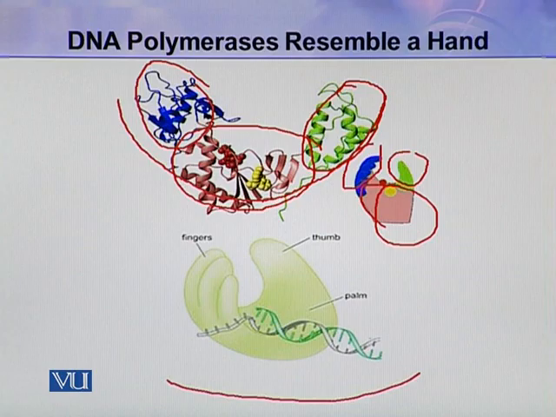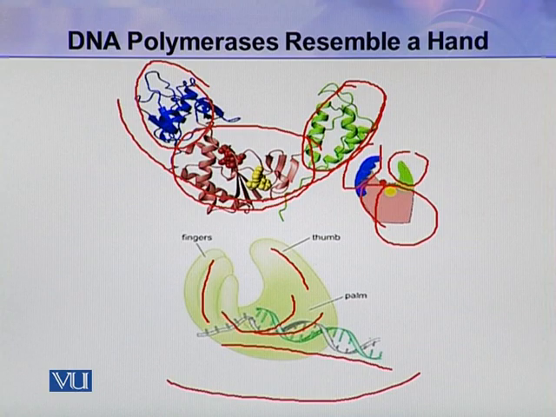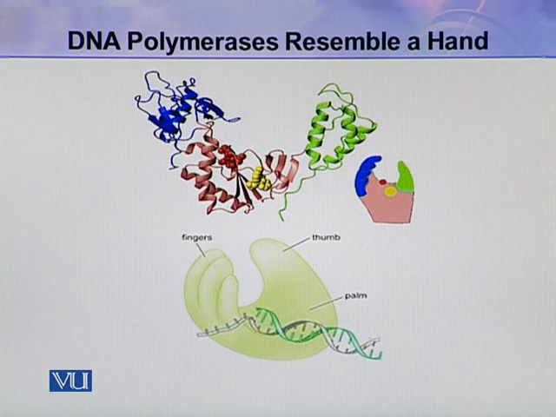Or in other figures, you can see this is thumb, this is palm, and these are fingers. So this DNA resides in this cleft, or in this palm. So this is the structure of DNA polymerase, and it resembles a hand.